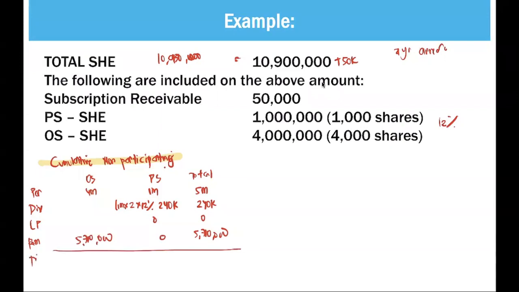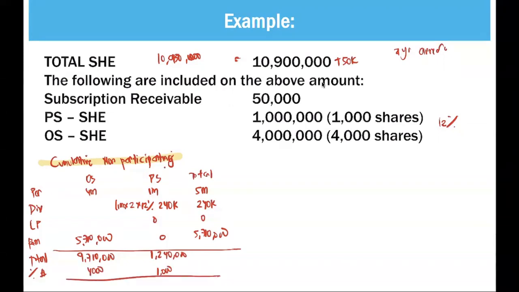So what is now the total SHE for each type of share? We have 9,710,000 for OS and 1,240,000 for PS, divided by the number of shares. For PS, we have 1,000 shares. For OS, we have 4,000 shares.